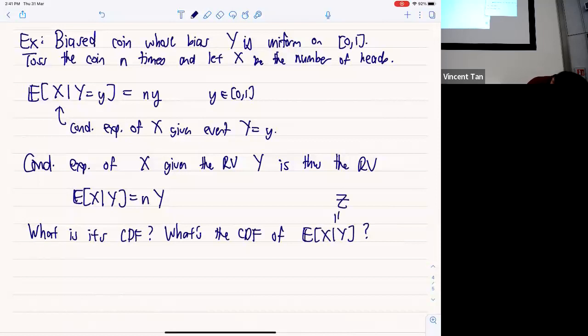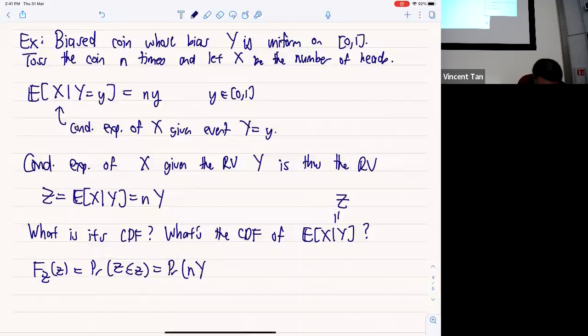Let's call it Z. So F_Z of z, we have done this exercise, we always write down, I can give you some compassionate marks if you write this down, probability Z less than z. Now this is nothing but probability, what is Z? Z is exactly n times Y because the conditional expectation, we give it a new notation Z. And you notice right here, Z is n times Y less than z. This is equal to the cumulative distribution function of Y evaluated at z over n.